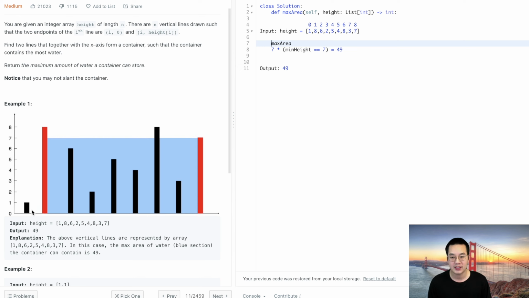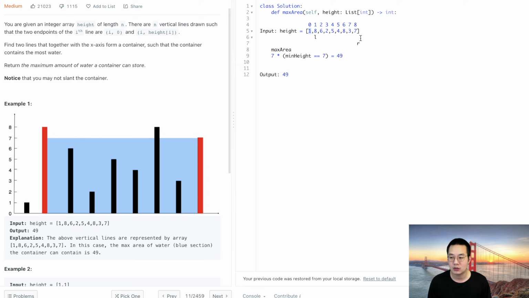So the window shrinks as we continue, and we'll only keep the higher height of the two. If the height is lower, then we'll move it forward. So if this height is lower, like we're at 1, then we're going to move to 8. So we have a left and right pointer here, and we're going to move the left pointer because this is smaller. And that's how we get this maximum area.